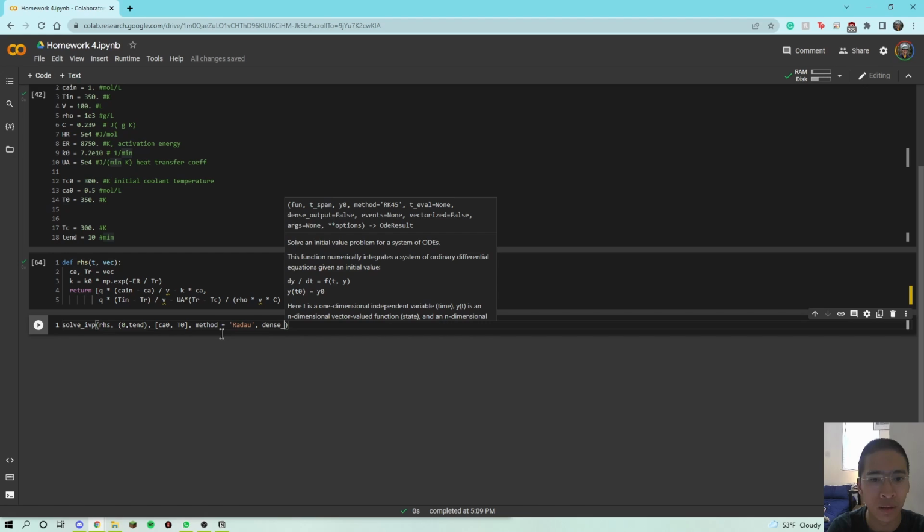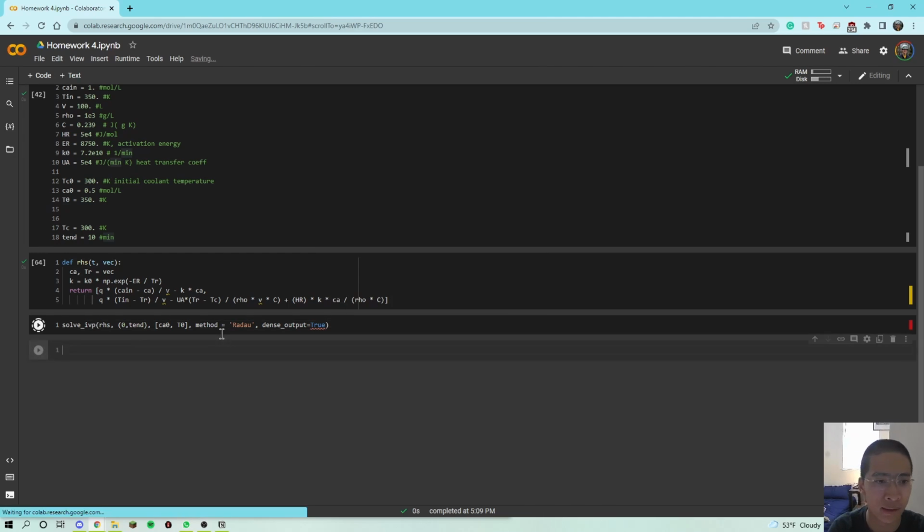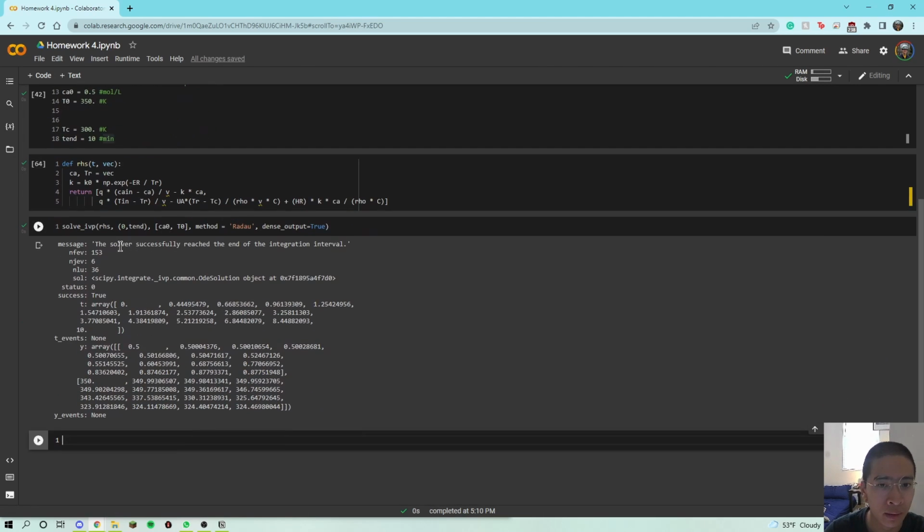And we do want dense output because we want the function to be able to intelligently choose what points to evaluate. And I believe that is it. See if solve_ivp works. Message: solver successfully reached end of integration interval.